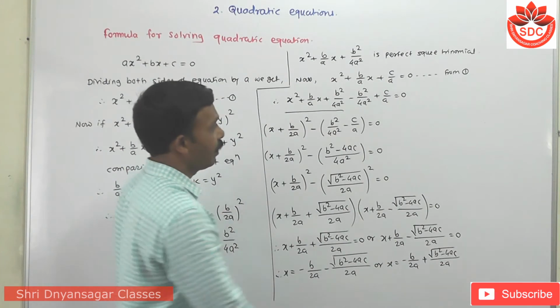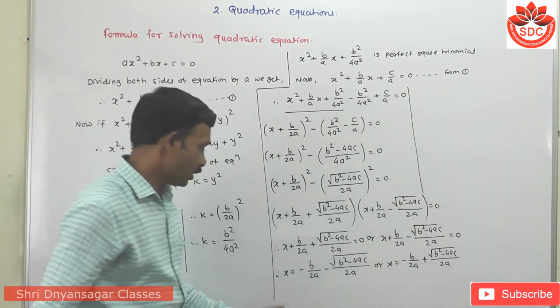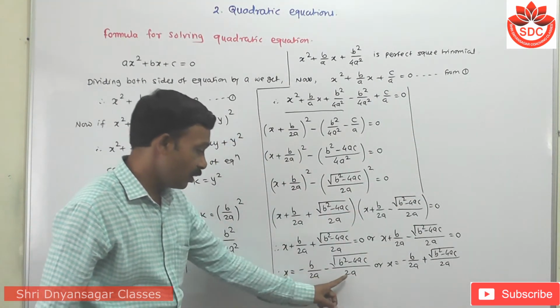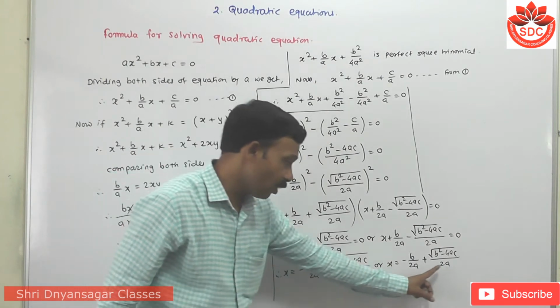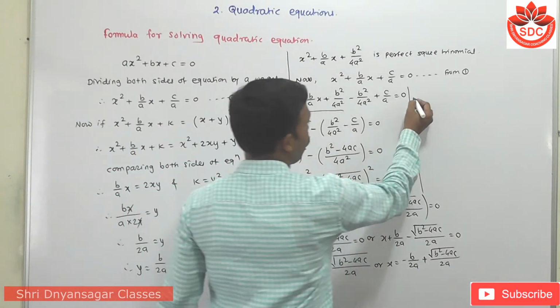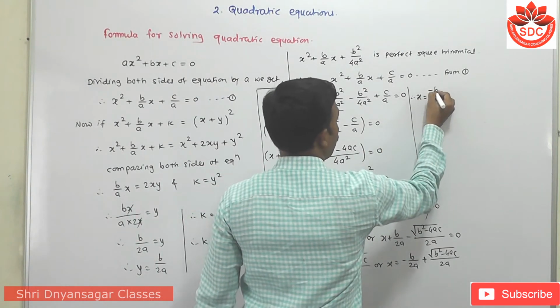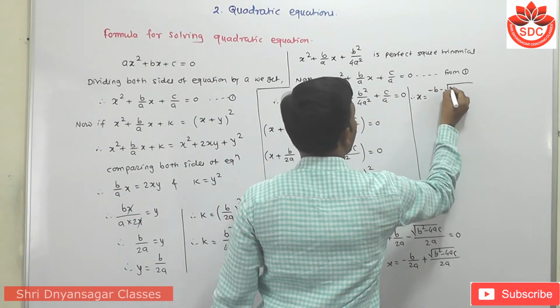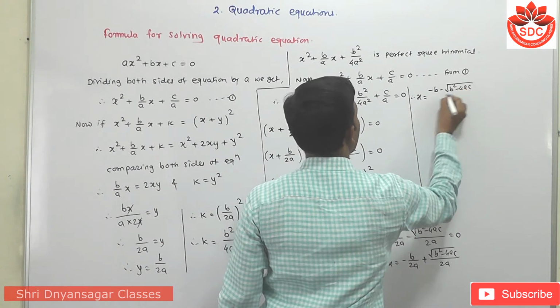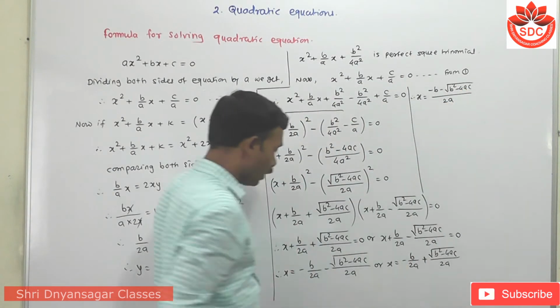Look carefully, this denominator is the same, this denominator is also the same, so we write here, therefore, x is equal to minus b minus root of b square minus 4ac upon twice a. Can you understand this?